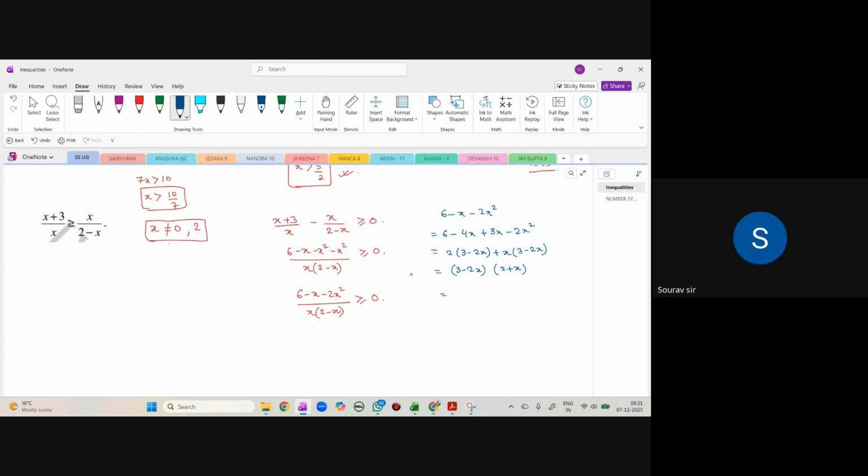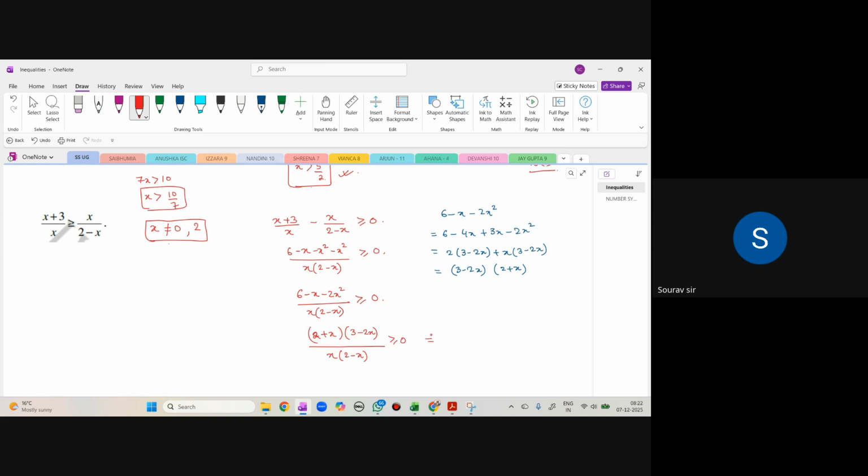So this is your factor. Therefore, the final expression that you get is (2 plus x) into (3 minus 2x) by x into (2 minus x) is greater than or equal to 0.